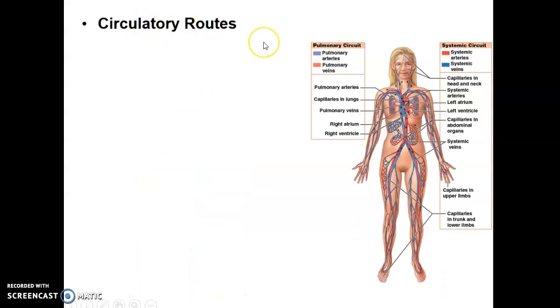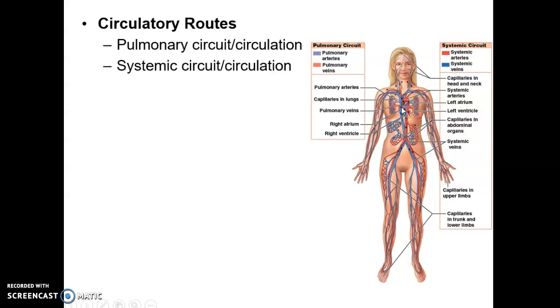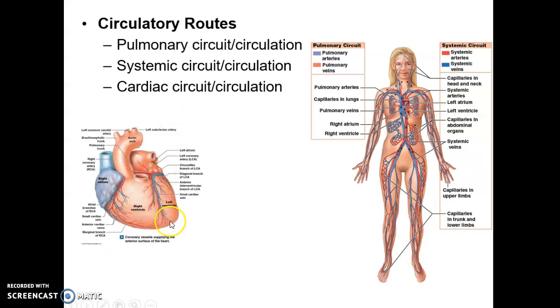So, circulatory routes. Pulmonary circuit or circulation is from the heart to the lungs and back. Systemic circuit or circulation is from the heart to the whole body, the system, and then back towards the heart. And then, of course, the cardiac circuit or circulation is the blood supply to the musculature of the heart. So here we go.